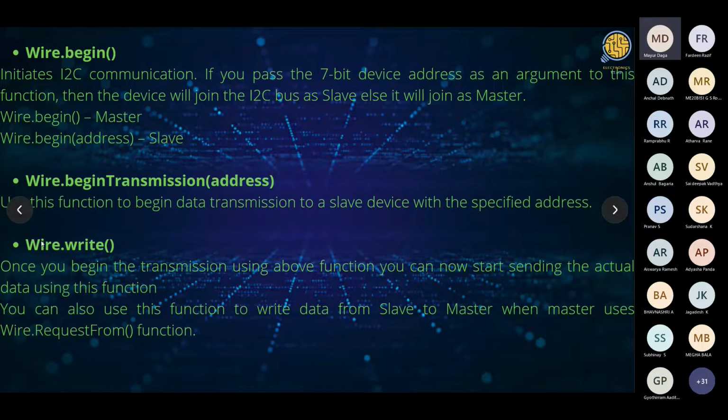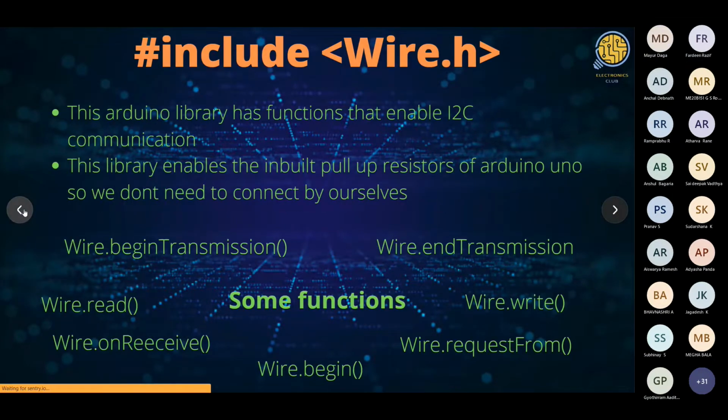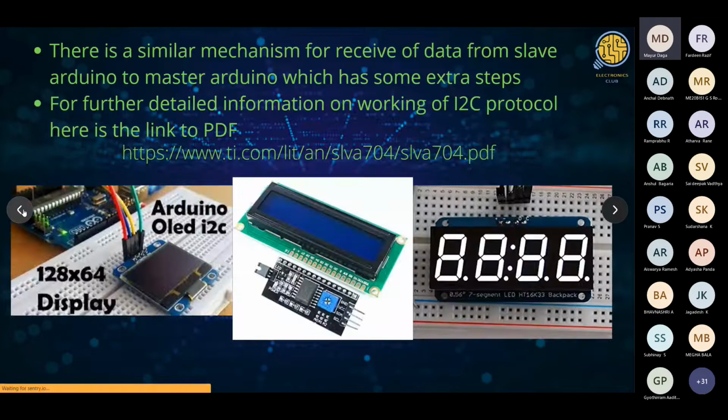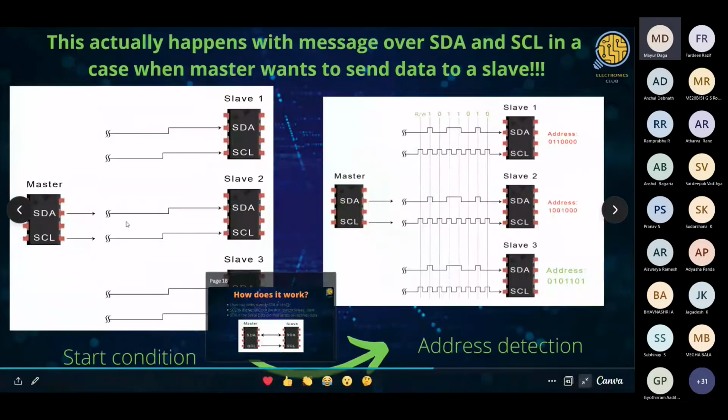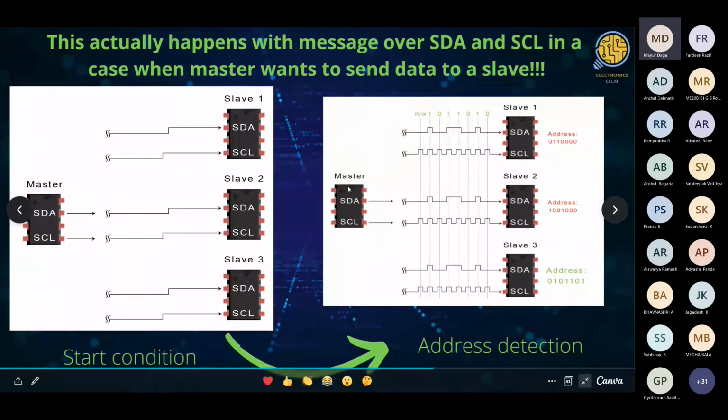So Wire.begin is the condition you saw over here. It starts the start condition and address detection.